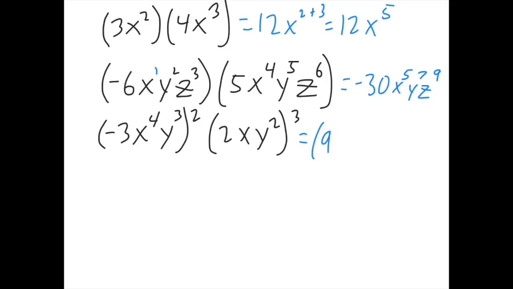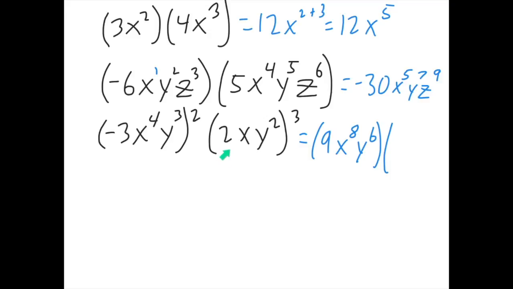Then x to the 4th squared. Remember, when we have an exponent being raised to an exponent, you multiply them. So x to the 4th squared will give us x to the 8th. Then y cubed squared, again, multiply the exponents, so y to the 6th. Then the other one.